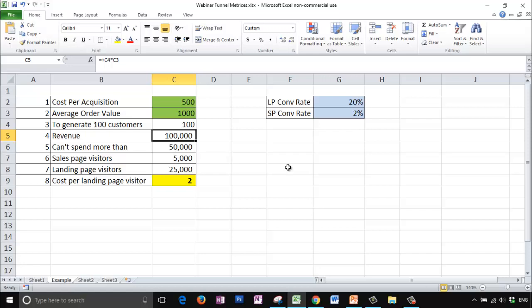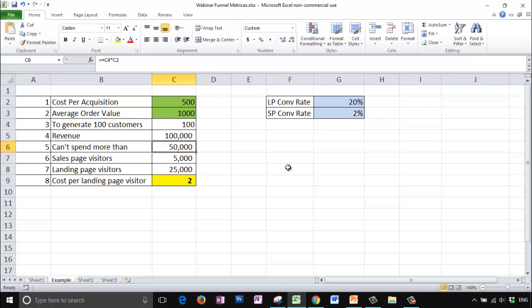Now, if you get a revenue of 1 lakh, we had seen earlier in the figures in green that we don't want a cost of more than half of our revenue. So if our revenue is 1 lakh, we can't spend more than 50,000 to generate that revenue. So now you realize that your Facebook marketing budget cannot be more than 50,000 rupees.